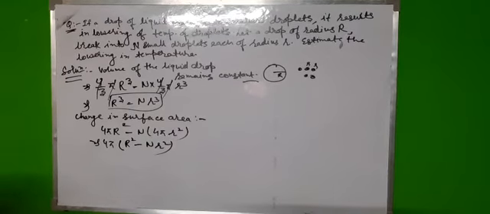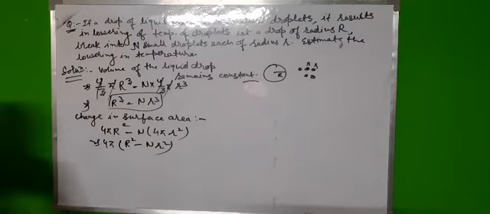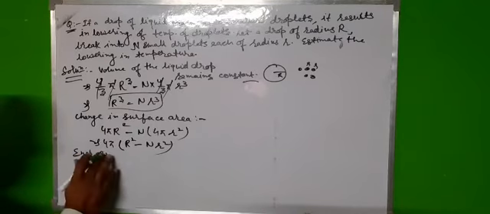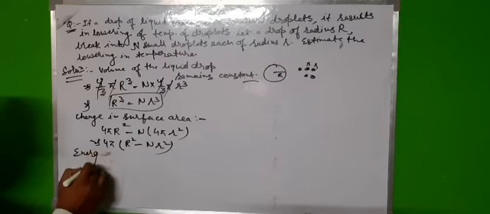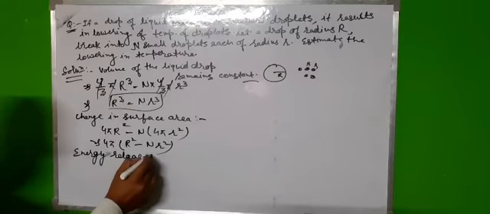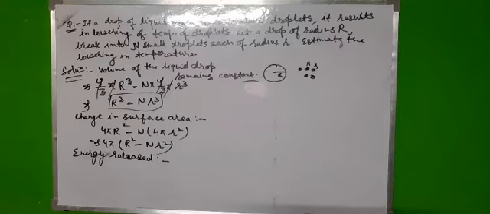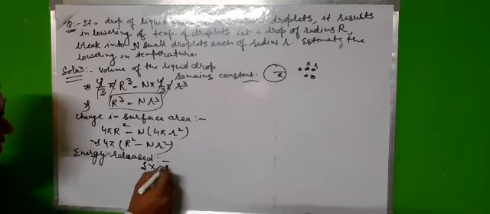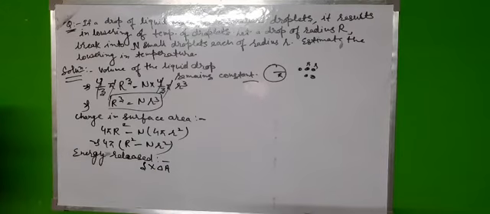Now we have to calculate the energy released. What is the value of energy released? That is S into delta A, where S is the surface tension and delta A is the change in surface area.